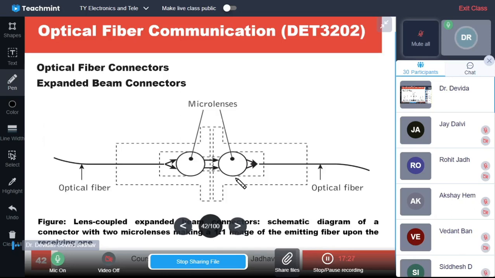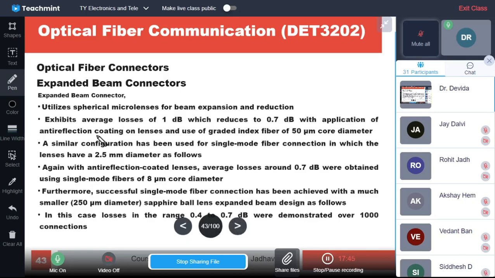See, one type of expanded beam connector has circular spherical macro lenses with anti-reflective coating, almost 2 mm, 2.5 mm in diameter, as compared to the fiber, which is of very small dimension, 50 micrometer core, and this is 2.5 millimeter diameter.